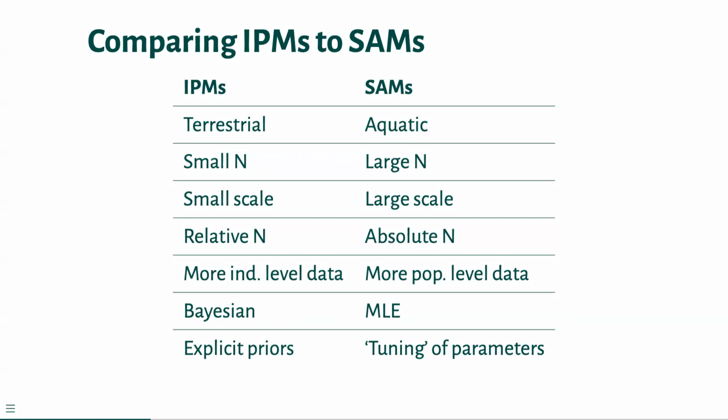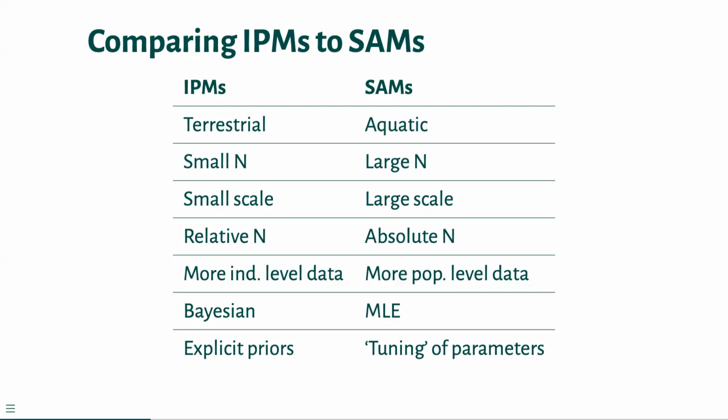Integrated population models have historically been developed for terrestrial species, particularly birds, and usually are on quite a small scale, both in terms of the number of animals, so we're talking hundreds of individuals, and small spatial scales, small populations in restricted areas.